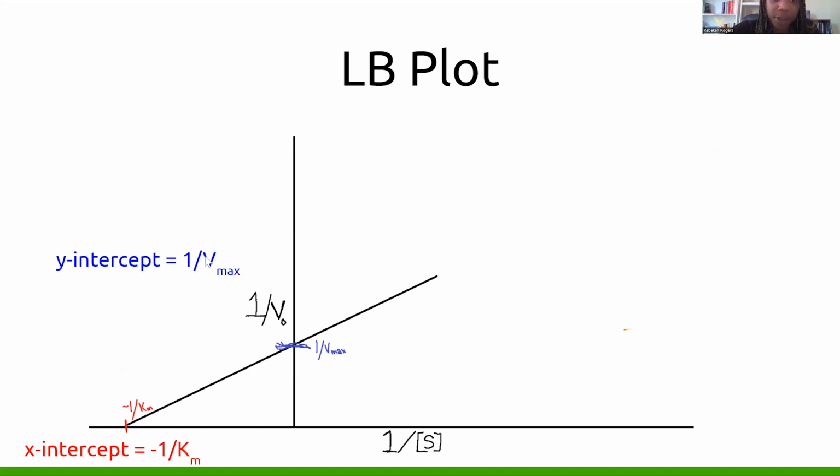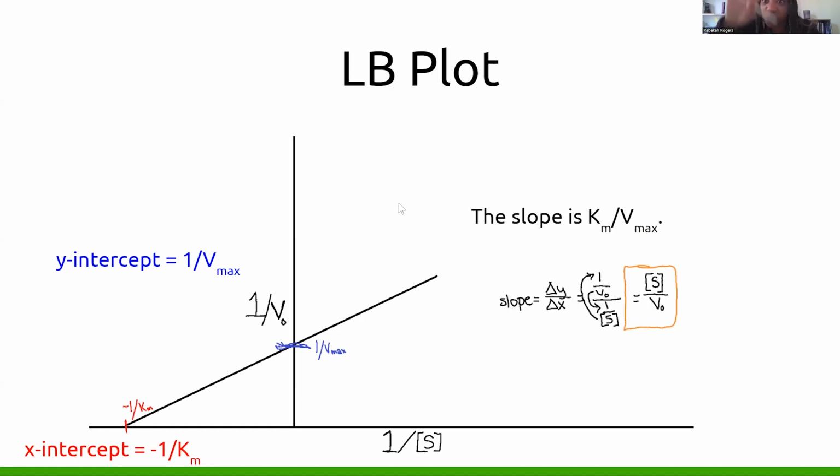So the y-intercept being the 1 over the Vmax, the x-intercept being -1 over the Km. And so then you can also figure out that the slope is the Km over the Vmax. If you want to actually do the math of this, the equation in general would be change in y over change in x. So then the change in y would be the 1 over the V0.